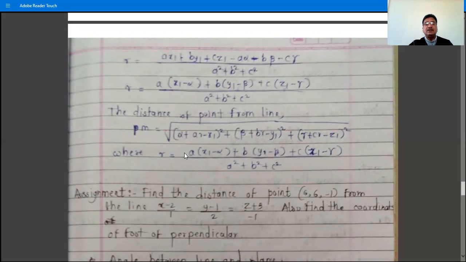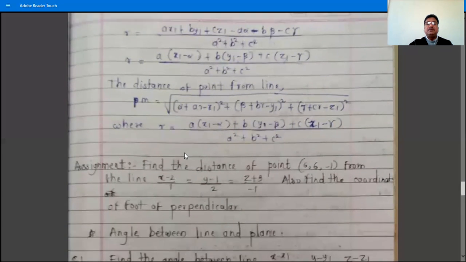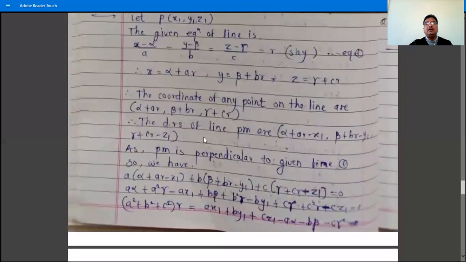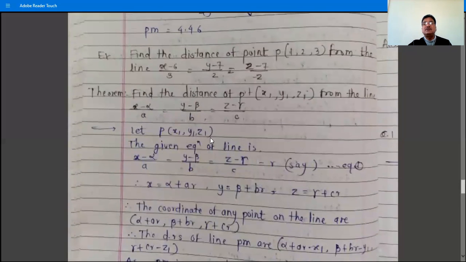So this is the distance of the point from the line. So this is the theory of the distance of a general point from a line.